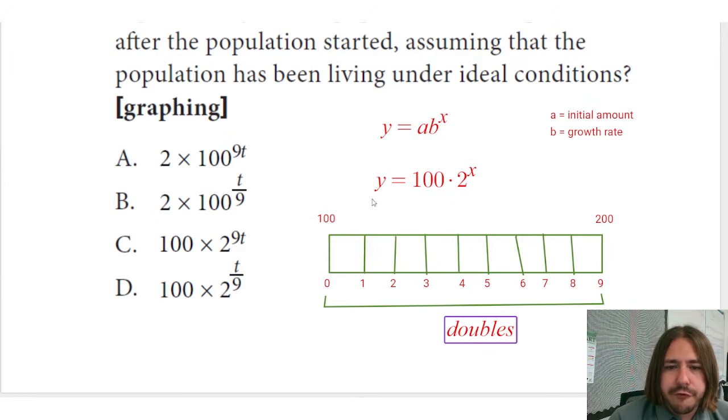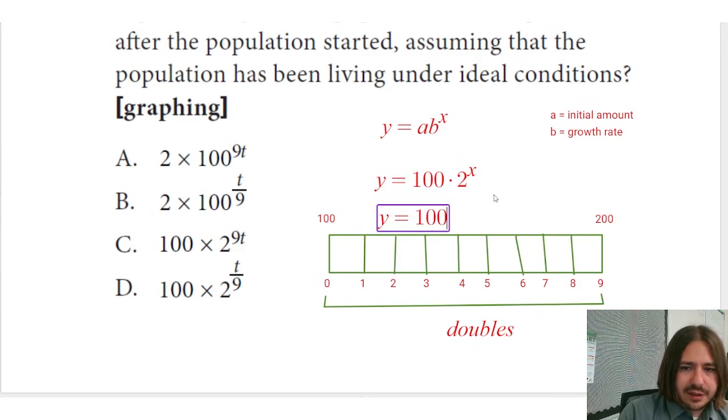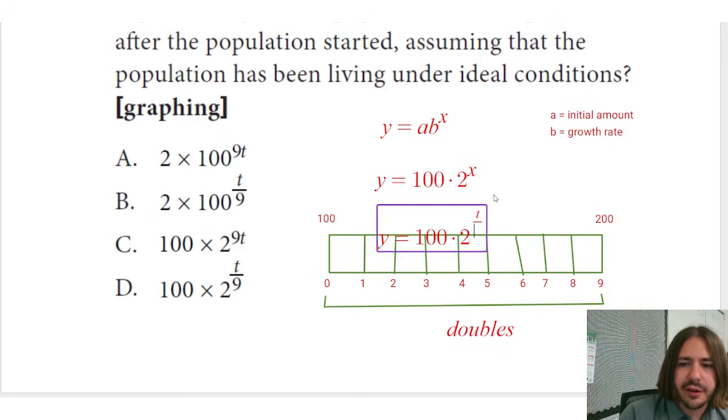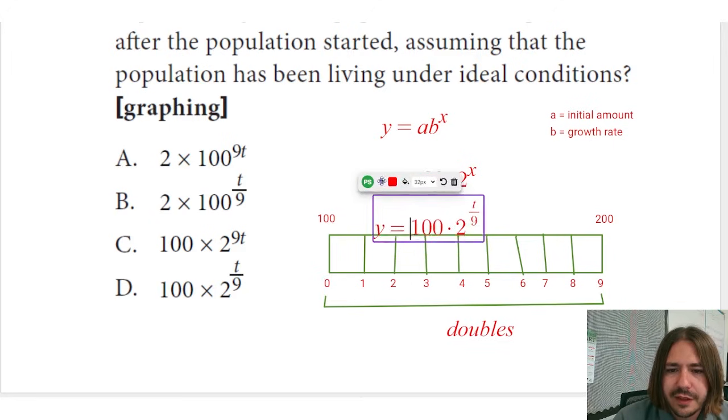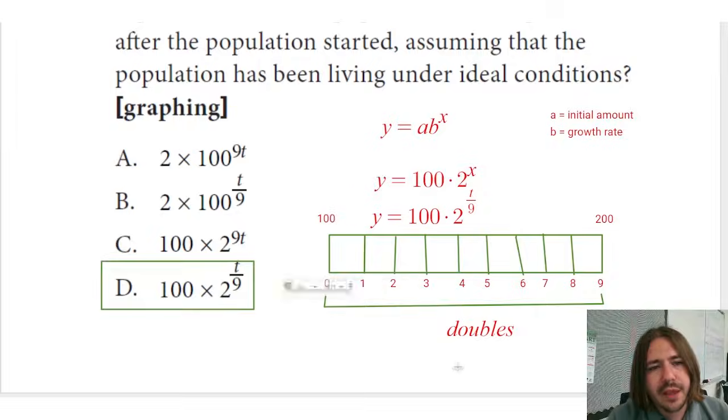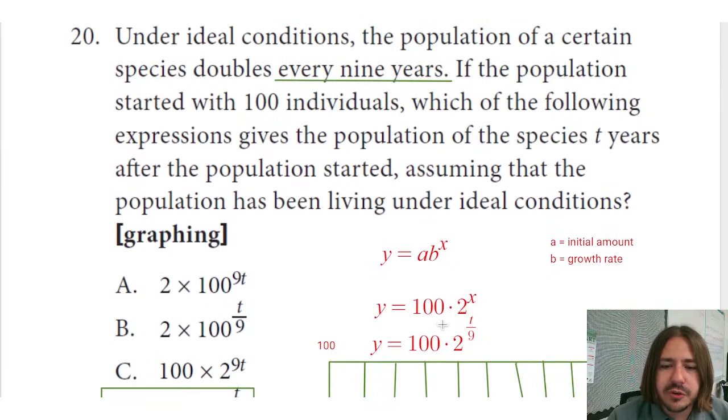So in order for us to get that exponent right, since it doubles not every year but every 9 years, we're going to say it's x, or in this case t, we're using t here, divided by 9. And that's going to be your answer, which is, let's see, letter T. And yep, that's it for number 20.